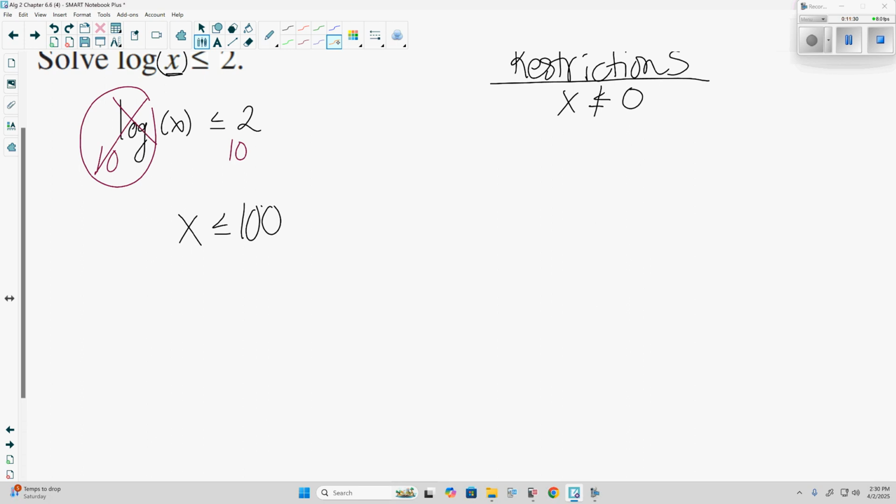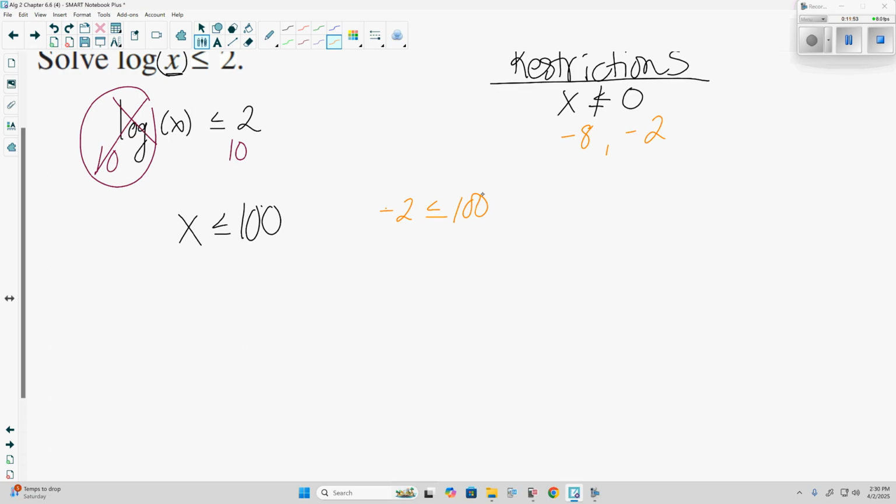So we said x cannot be less than or equal to 0. Someone give me a value, or one of the restrictions that we would have. -8, -2, yes, these are both restrictions. So let's see here, is -2 less than or equal to 100?